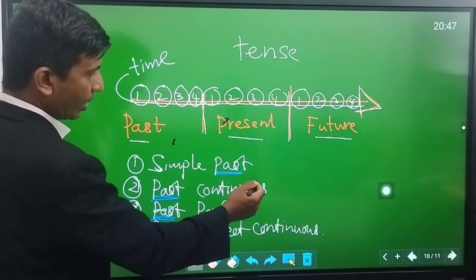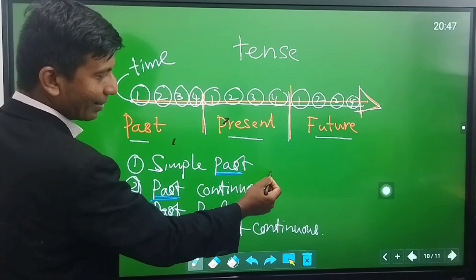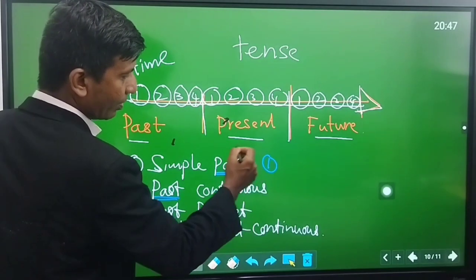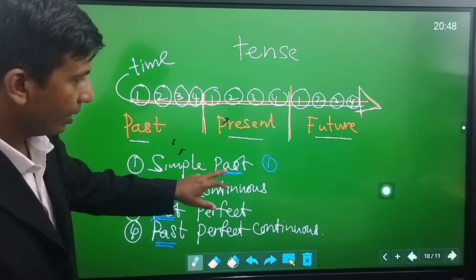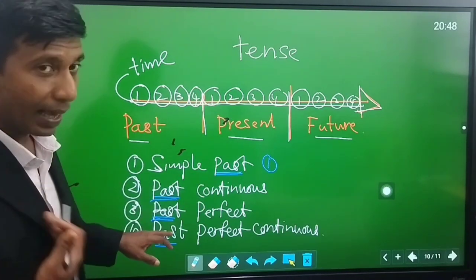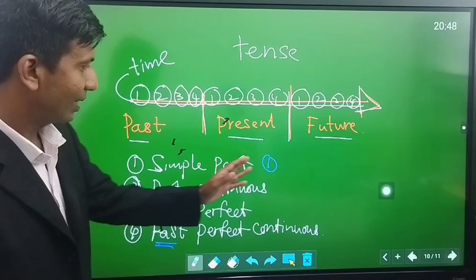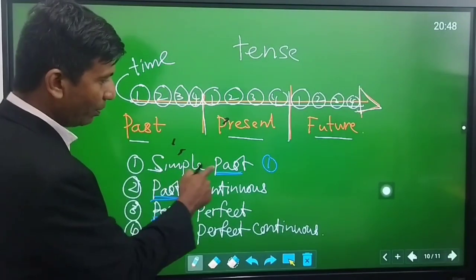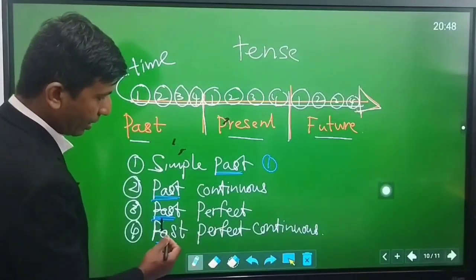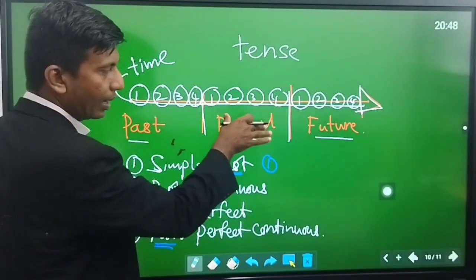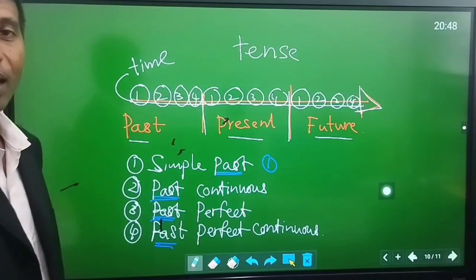Okay, here first one is simple present. You replace the very word present where I have written past. Simple present, present continuous, present perfect, present perfect continuous. Here we find 4 tenses like that.